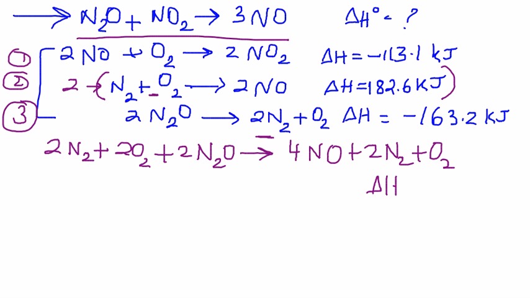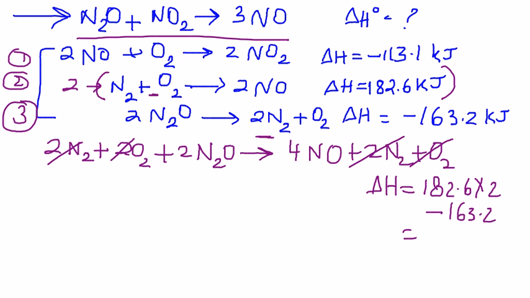The delta H will look like 182.6 times 2 minus 163.2, and so the nitrogen is going to cancel off, one of the oxygens will cancel off.